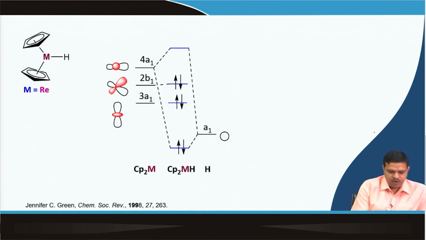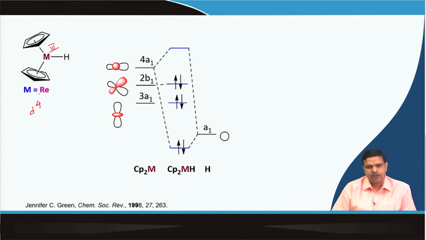So, now I am coming to the first case, where I said there should be two lone pairs. This is the d4 case, the +3 oxidation state, and the metal is rhenium.